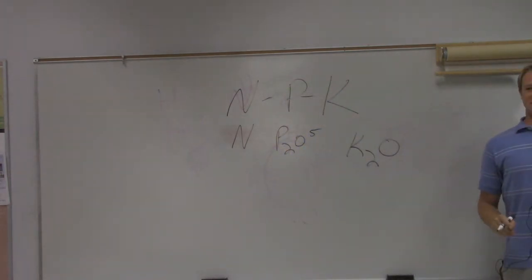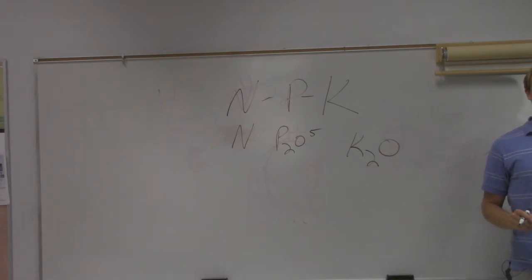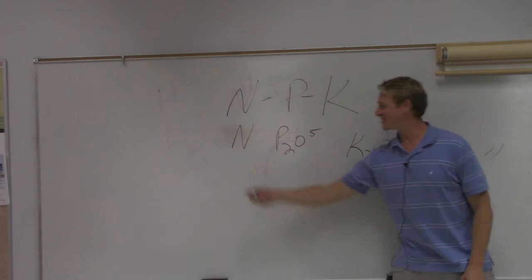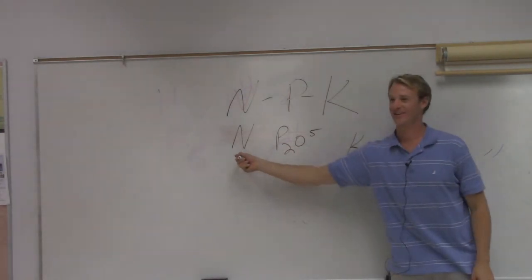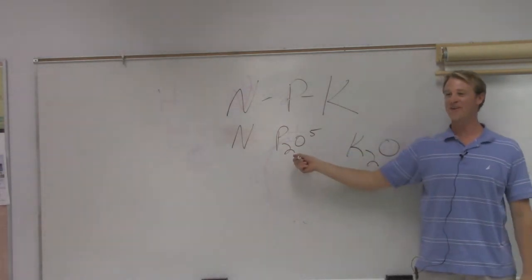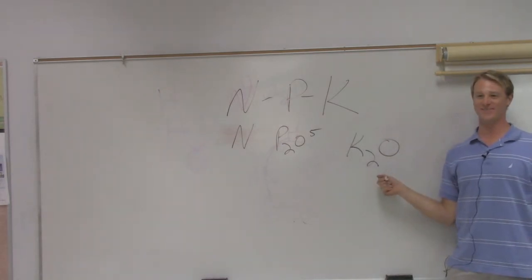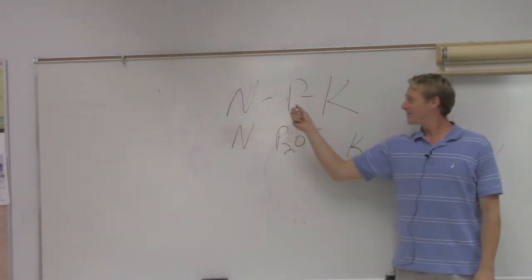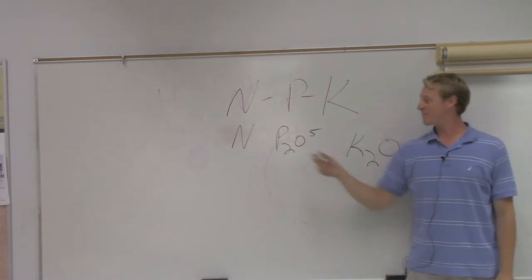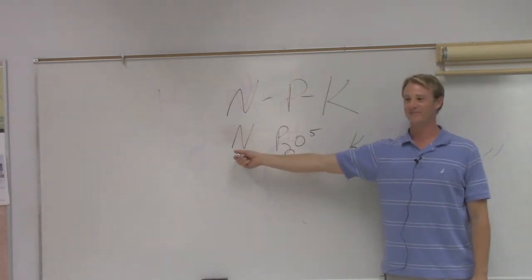When I ask you the question, what do the three numbers on the side of a bag mean? It means how much nitrogen, how much P2O5, and how much K2O there is. Phosphorus can't exist in an environment by itself like nitrogen can.